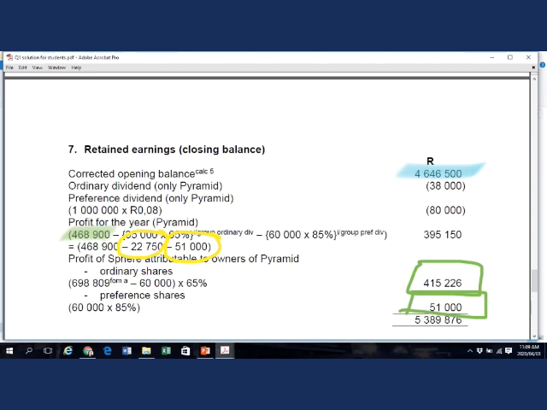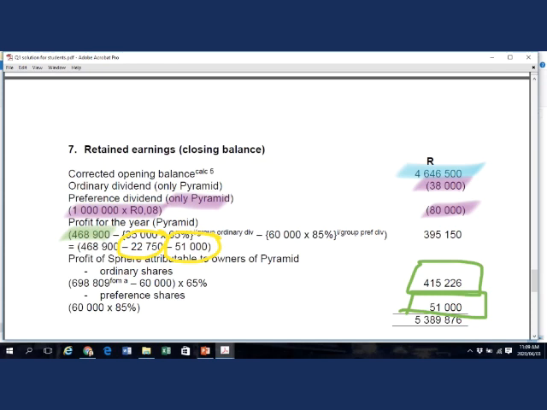Then the last step, thinking of what happens in a statement of changes in equity, is to just bring in the actual dividends declared that are allowed to be in the group. And that would be only the dividends of the parent. The ordinary dividend of 38,000 was given, and the preference dividend of the parent had to be calculated as 80,000.